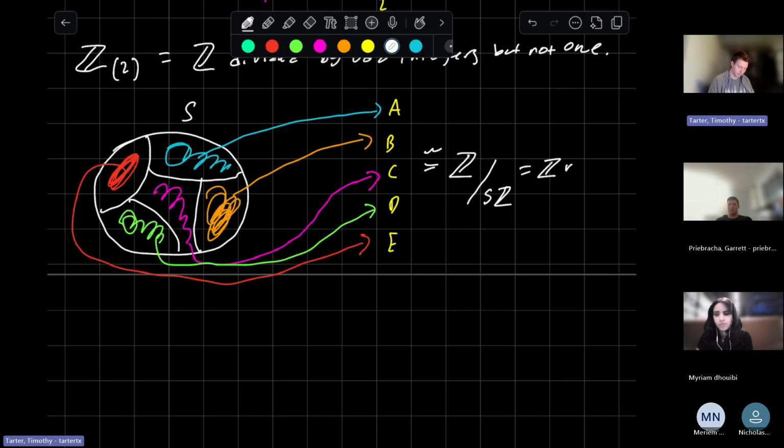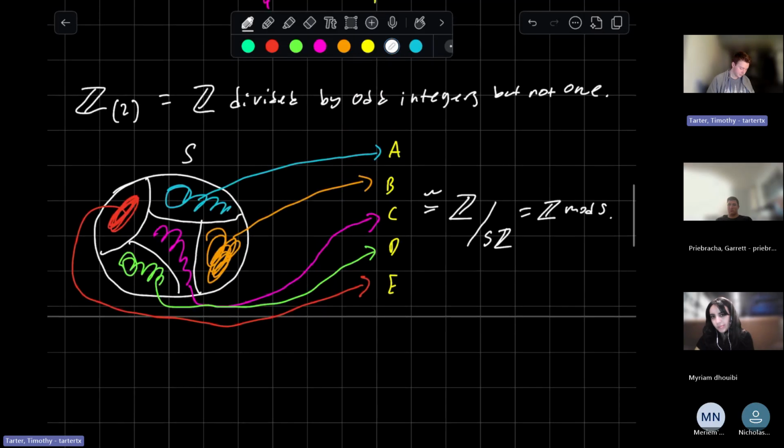So Z mod 5. And so you can say, oh, well then the quotient under this equivalence class is modular of order 5.